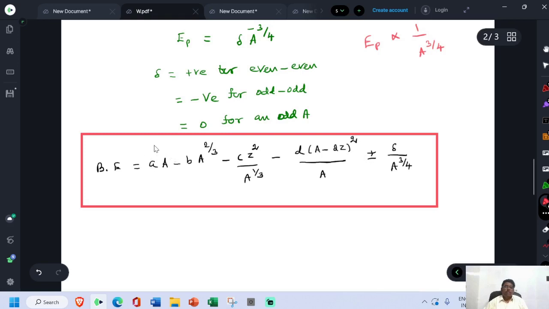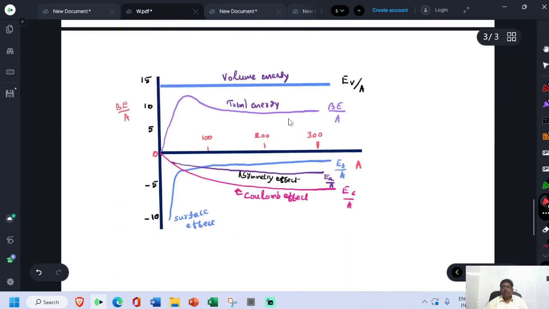The volume energy term increases the binding energy of the nucleus, but the rest of the terms are reducing the binding energy of the system. But the last term, pairing energy, is positive for the even combination and negative for the odd combination, 0 for an odd mass number. So this is a graphical representation.